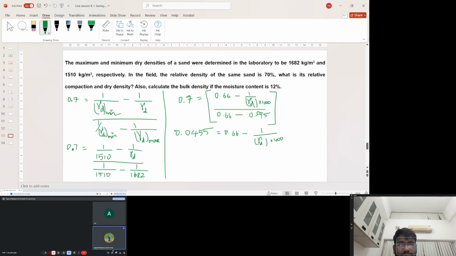Now let us take this here, 1 by gamma d equal to 0.66 minus 0.0455. Taking 1000 common, sorry, it will be 1000 here.